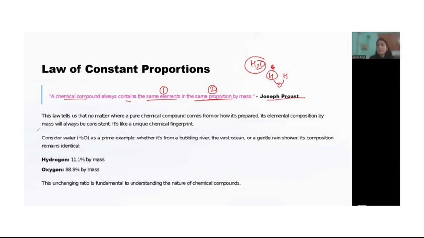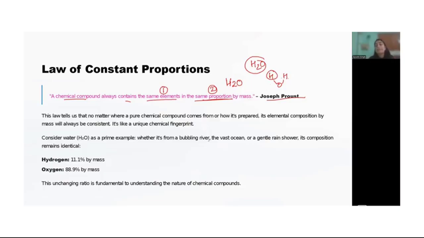That means that if 2 hydrogen atoms combine together to form water, then there have to be 2 hydrogen atoms wherever you take water from. That doesn't matter.